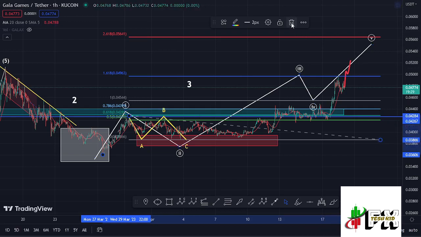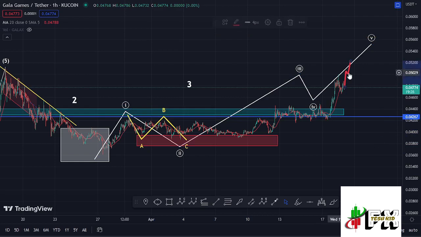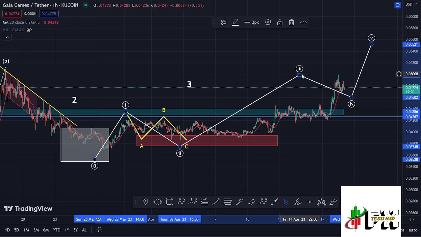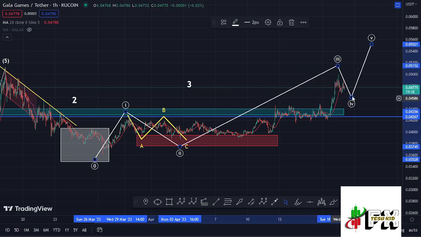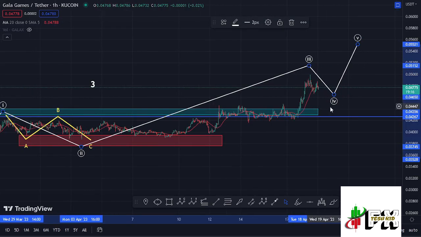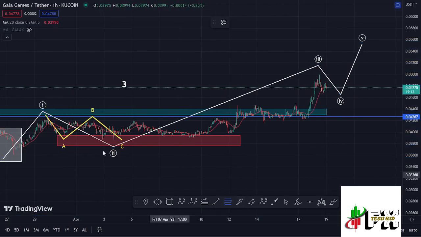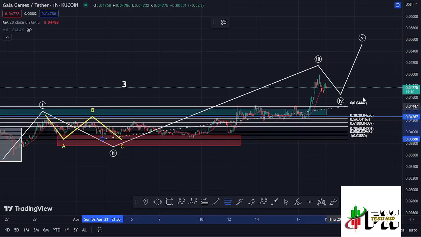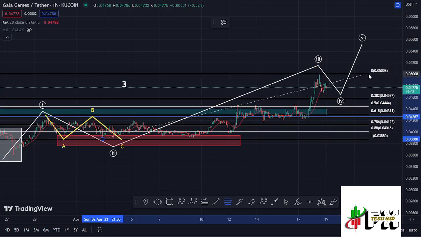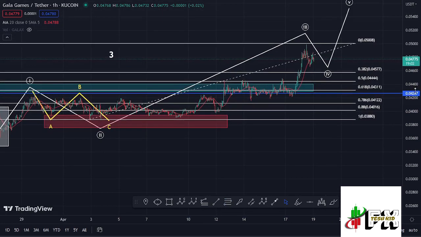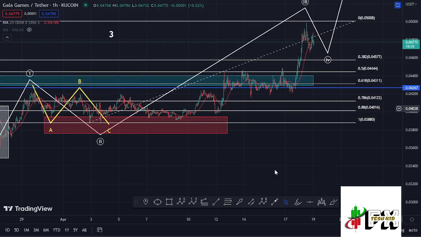The other possible scenario is that there are chances that this is now the high for this wave 3, and if that is the case, there are chances that Gala Games might start cooling off in the formation of this wave 4. And if that is the case, using the Fibonacci's, we can get minimum retracement areas in the formation of that wave 4, connecting them from the low of the first wave to the high of that wave 3, and that gives me a target area between the fib level 0.382 and the fib level 0.5, which is a target area that lies between the $0.04577 mark and the $0.0444 mark.